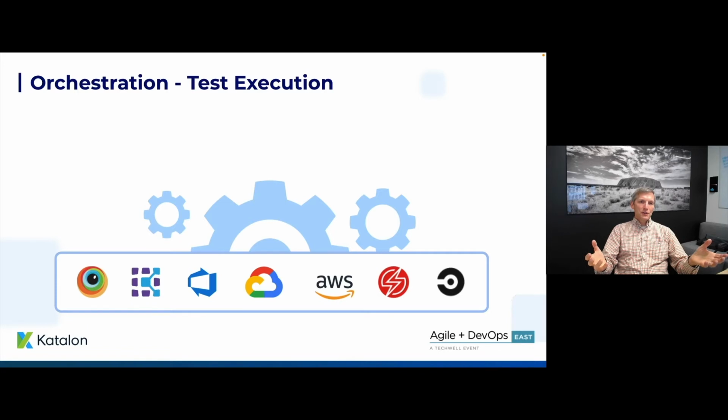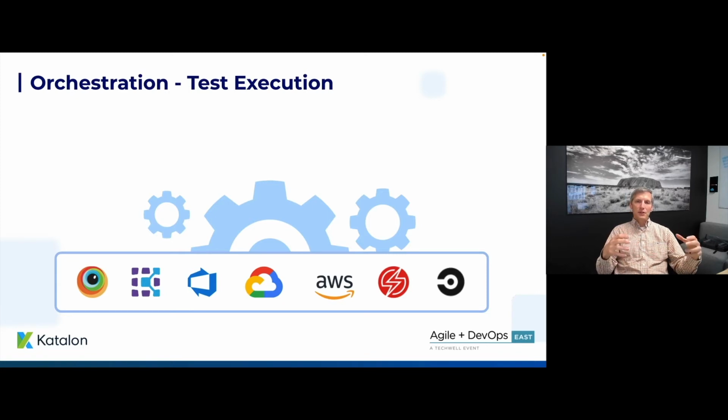Test execution is all about actually running those tests. And today that becomes increasingly complicated because you've got multiple browser versions. You've probably got devices that you run on too, because increasingly we have mobile versions of almost every application.